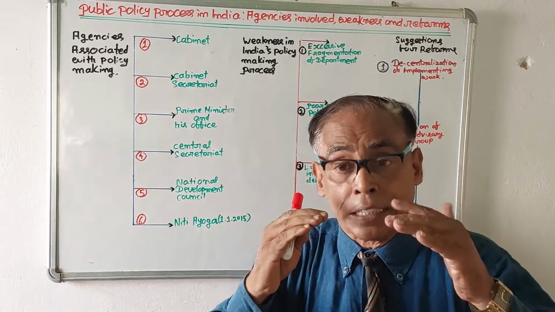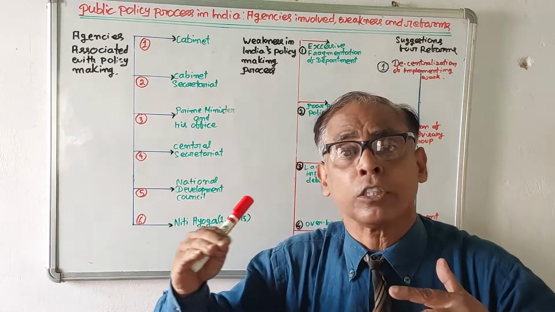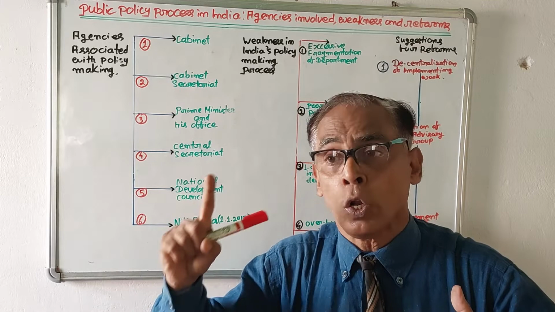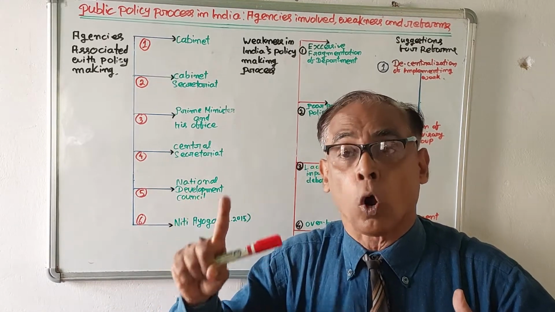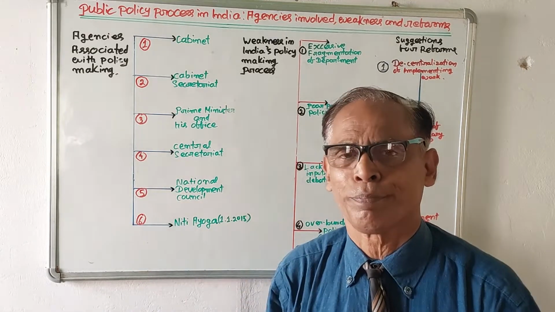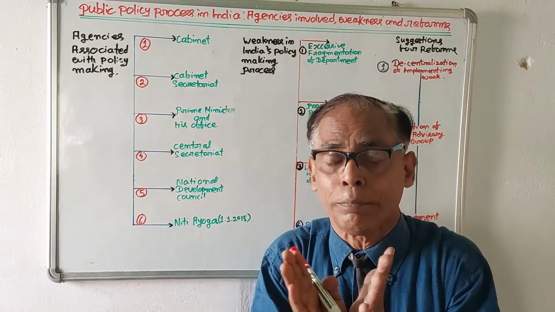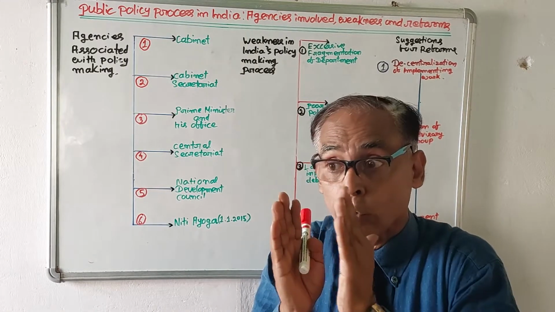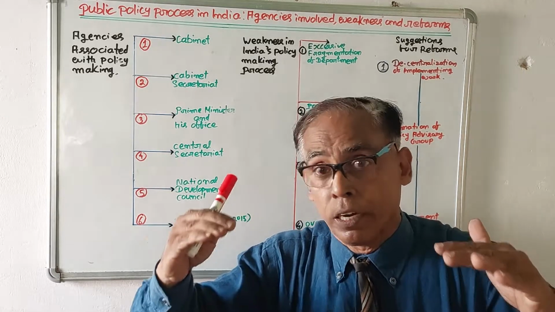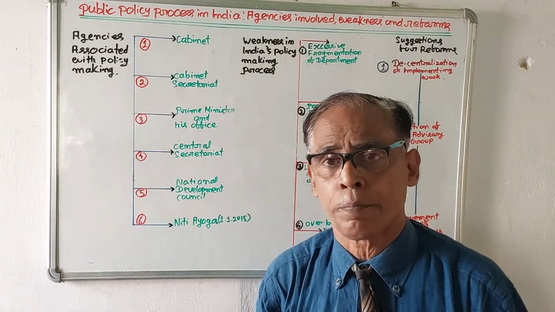The cabinet discusses it in detail, or it refers it to its major committees like the Committee on Political Affairs, the Committee on Economic Affairs and the Committee on Public Appointments. Whenever any public policy has to be framed, it has to be discussed in the cabinet, or the cabinet may refer it to any of its committees.